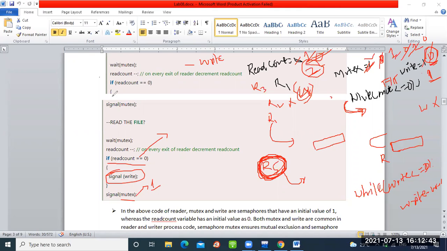You have to ensure two things. If it is the first reader, I have to ensure that other writers cannot be allowed. Second, if it is my last reader in the system, after accessing, then I have to ensure that after leaving the system, other writers should be allowed.